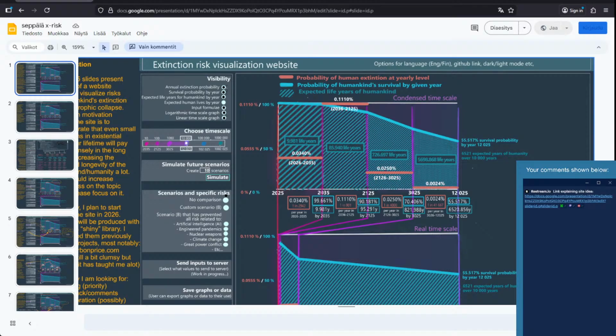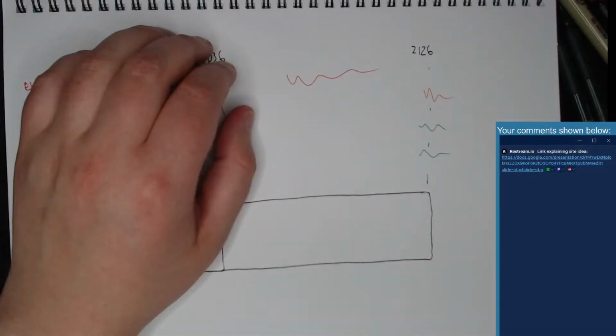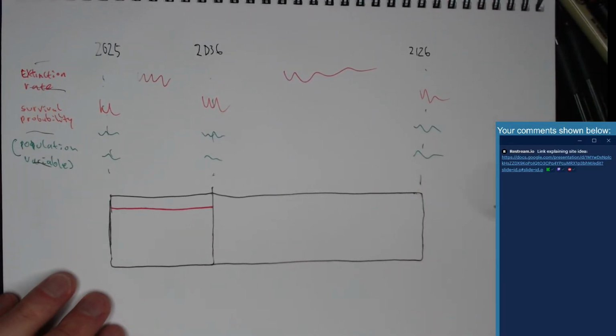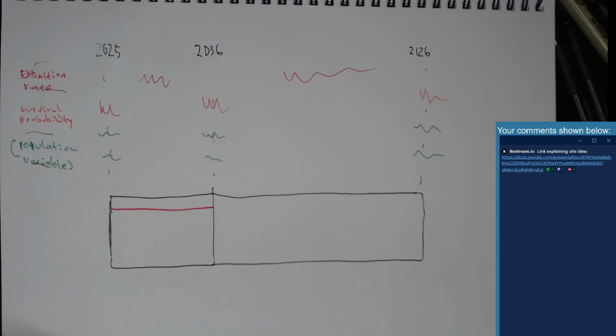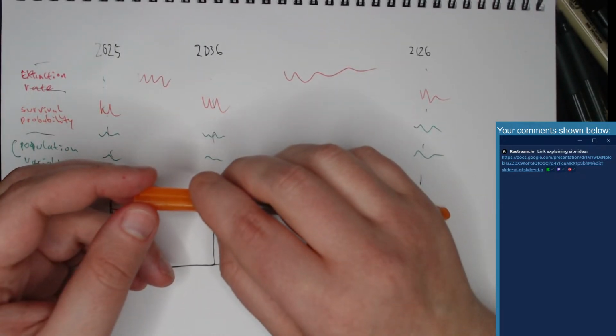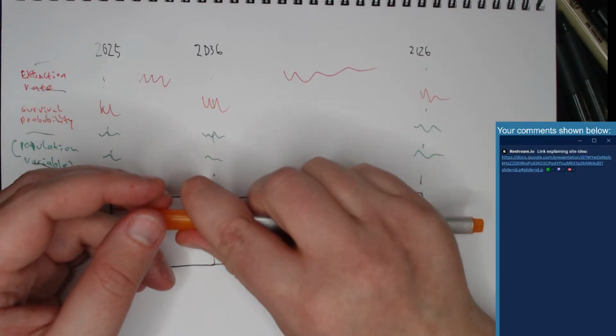But for the survival probability, if this was the default view, it ends at around 95% survival probability for 2126.